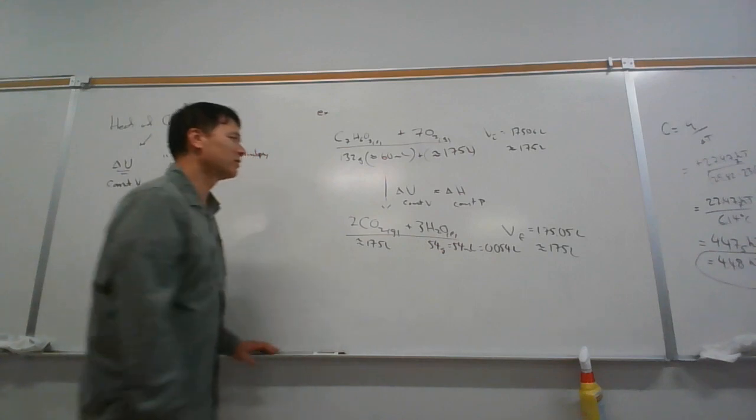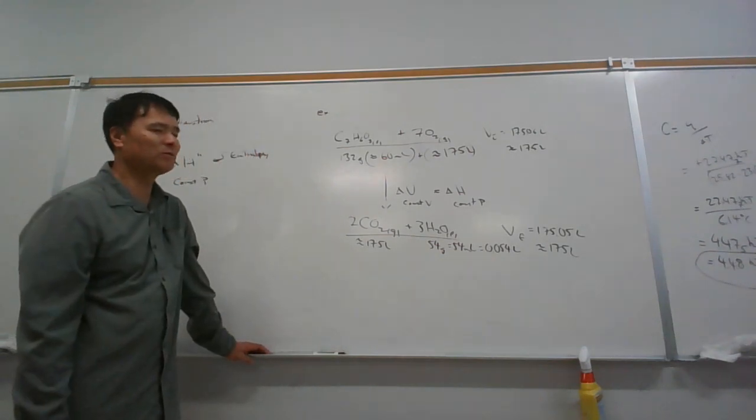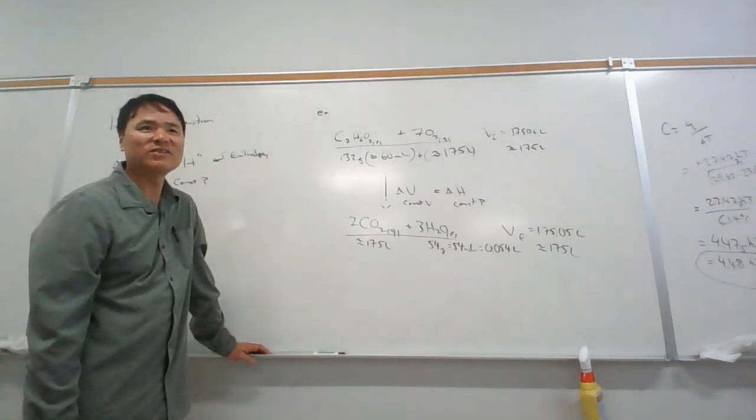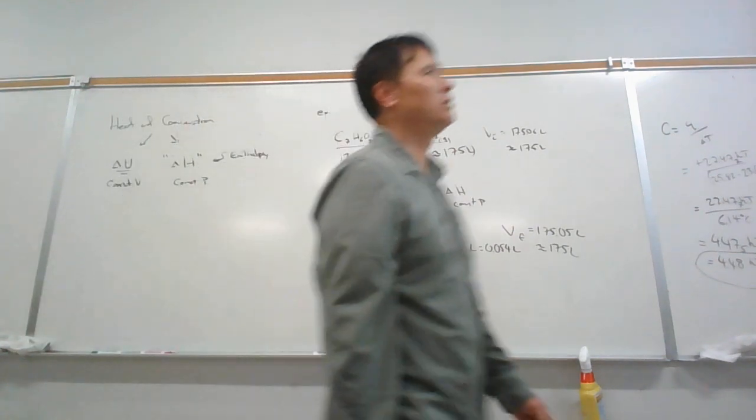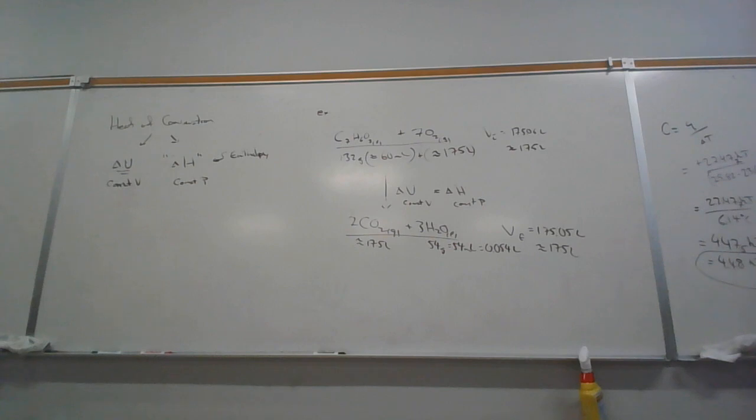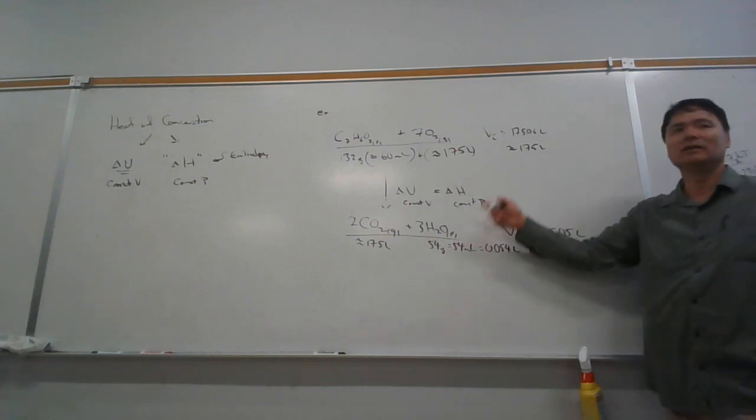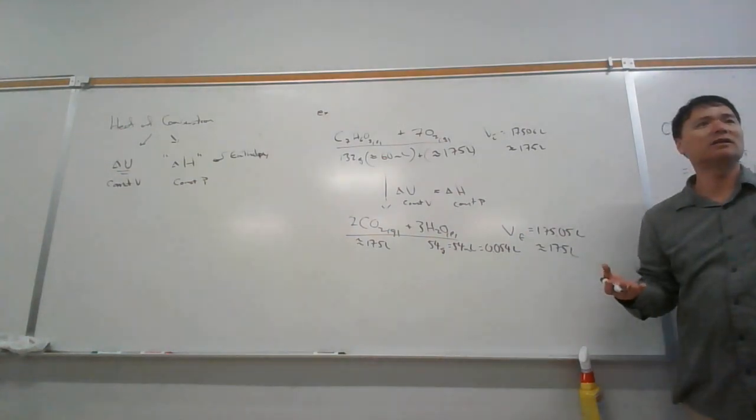Because whether we do it under constant volume or constant pressure, the volume really doesn't change. Does that make sense? And so this is another reason why they want to use this as a calorimetry standard, because it doesn't matter. Constant volume or constant pressure is going to yield the same amount of heat because no work is done in either case.